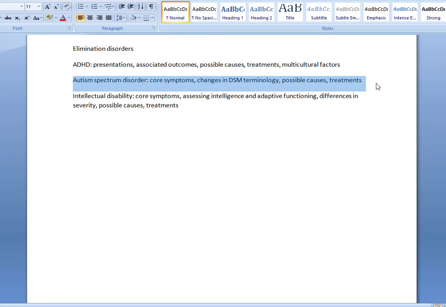Possible causes, there does seem to be a strong genetic factor here. So oftentimes we think of this as something that is biological in nature. A couple of things to bear in mind. One is that there is a lot of controversy regarding vaccines, but not a lot of good research supporting a causal relationship between vaccines and autism.